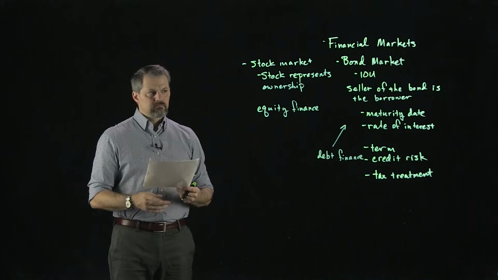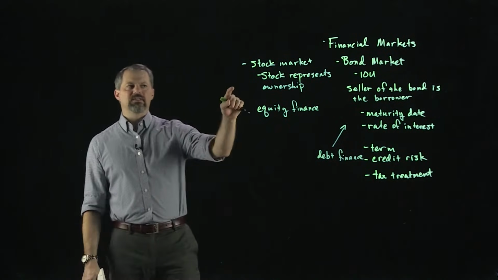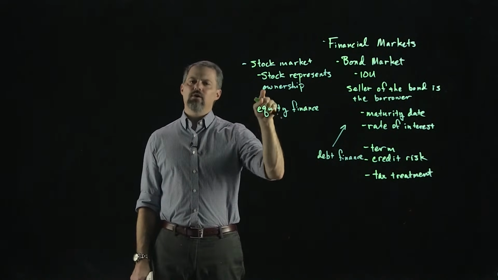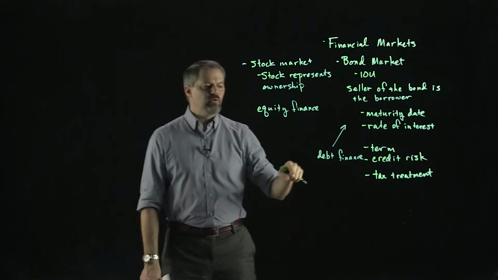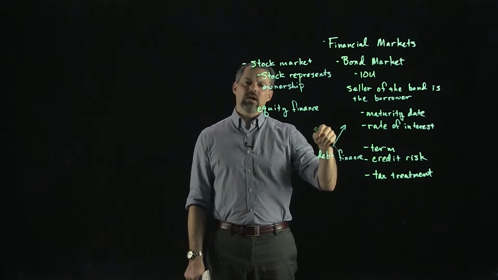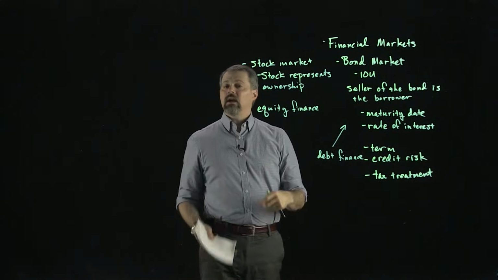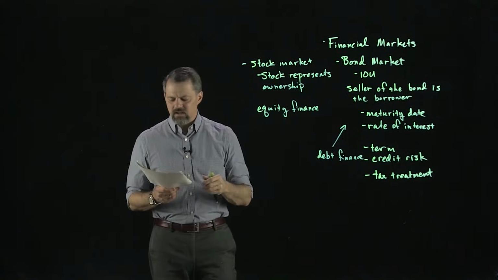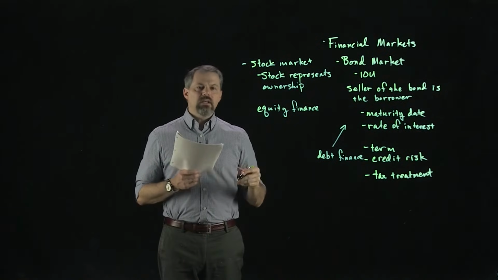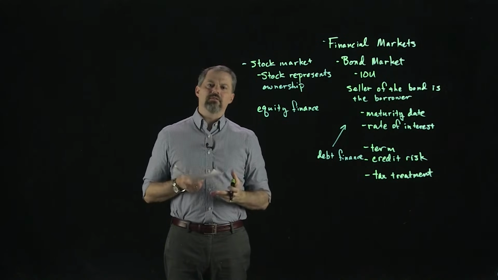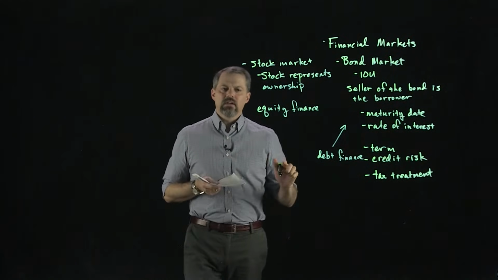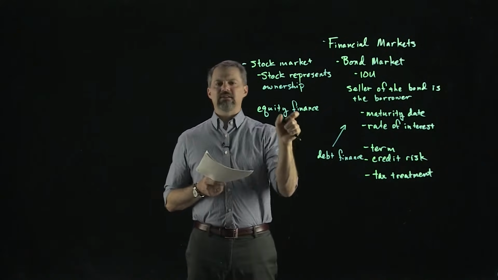So if you own a share of stock, you are a part owner of the business. If you own a bond, you are a creditor of the business. And that distinction is important because if the business were to go under, if they were to declare bankruptcy, the creditors are treated differently from the owners.